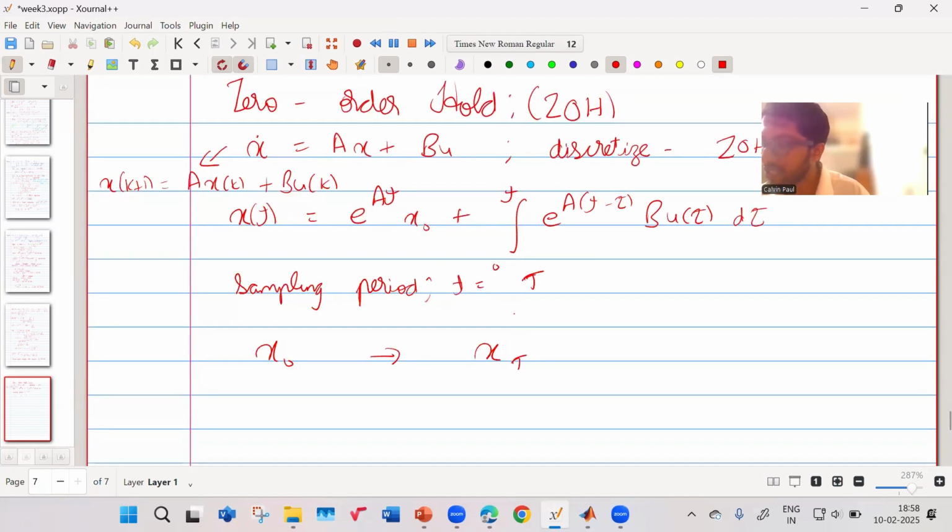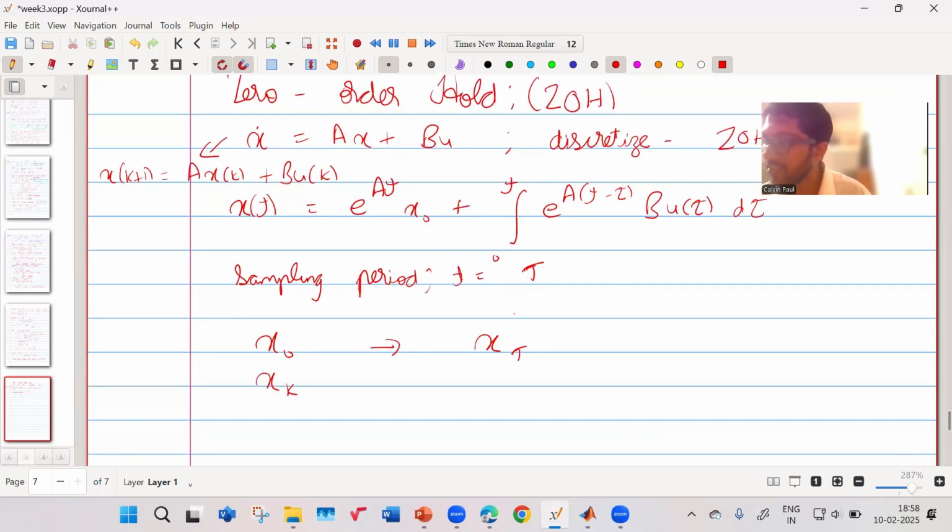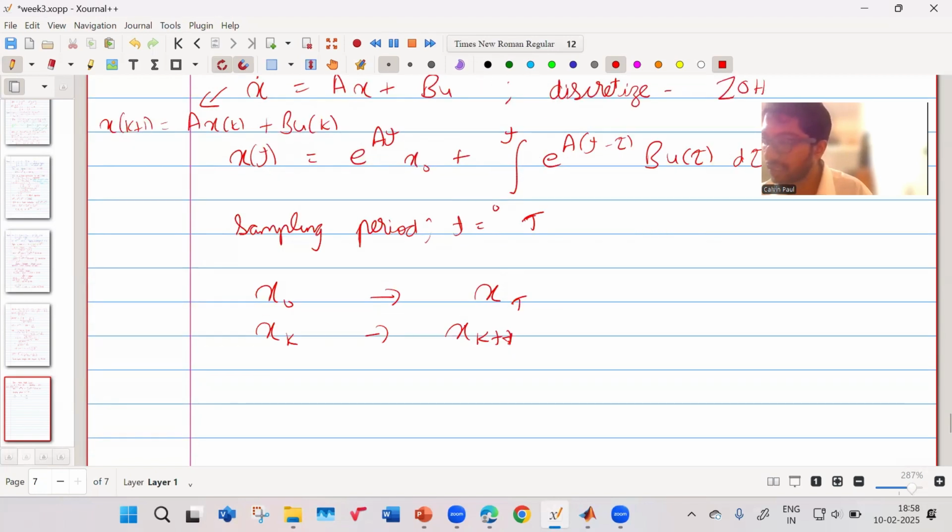So this actually is my x k to x k plus 1. So how will I write it out? As my x k plus 1 is equal to e to power A capital T x of k plus integration going from 0 to T e to power A(T minus tau) B uk d tau.